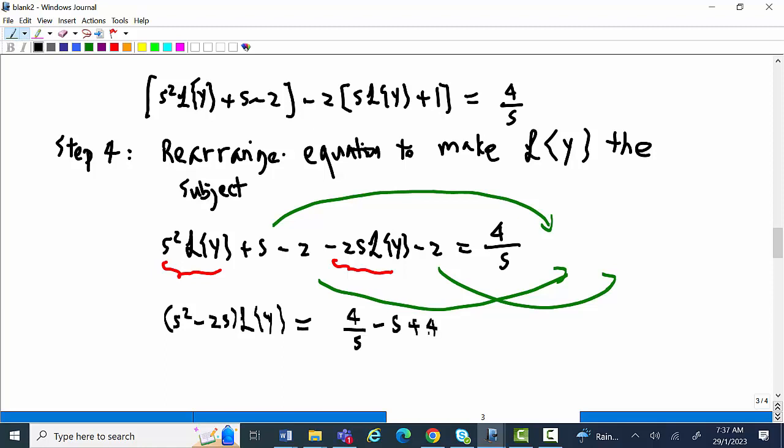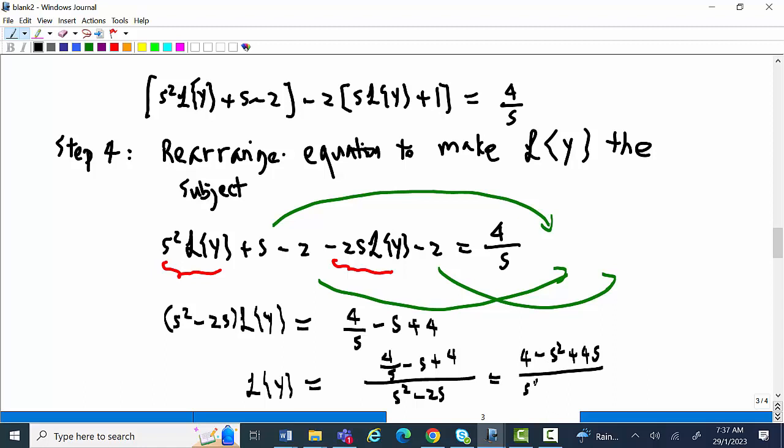So what is the Laplace transform of y now? It is equal to 4 over s minus s plus 4 over s square minus 2s, which is actually 4 minus s square plus 4s over s square minus 2s, after making a common denominator.